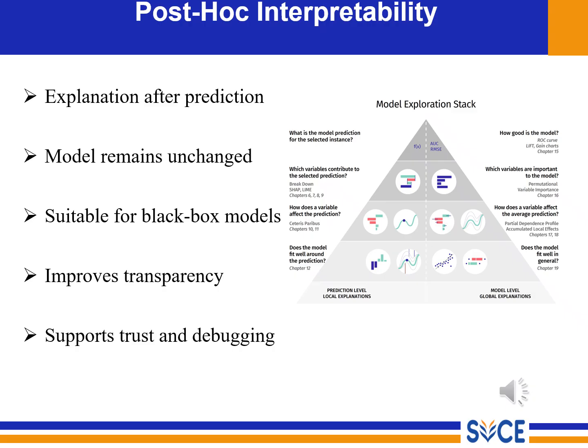This is especially valuable for black box models, like deep neural networks, models that are powerful but not naturally interpretable. So post-hoc methods improve transparency, support debugging, and build user trust.